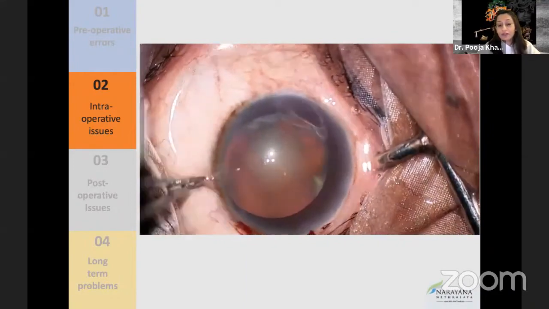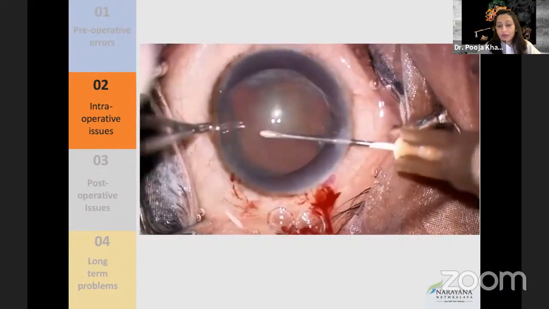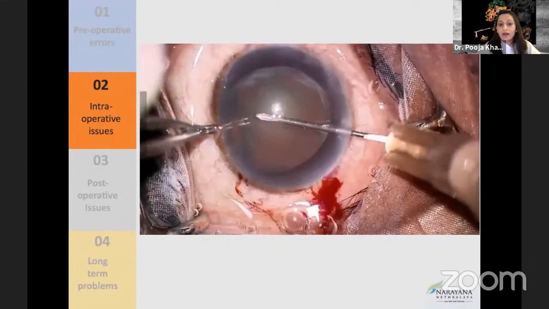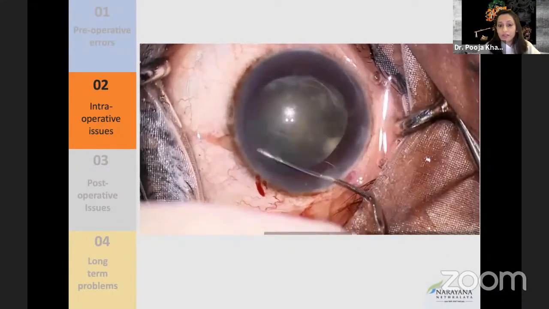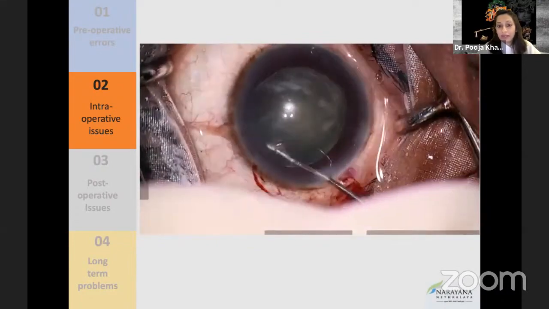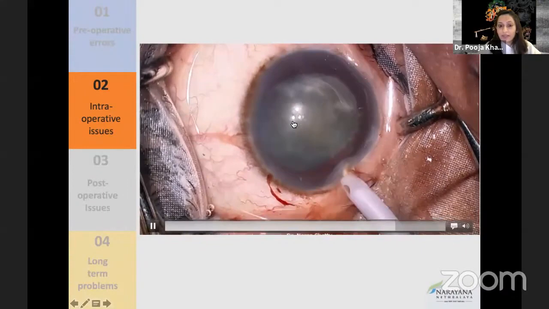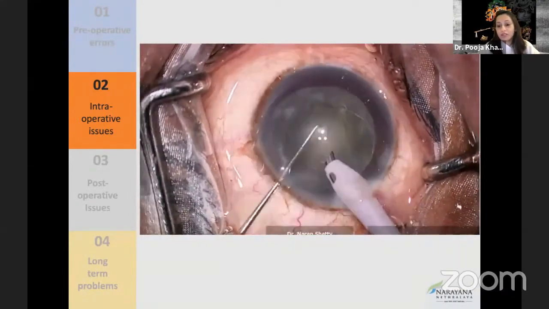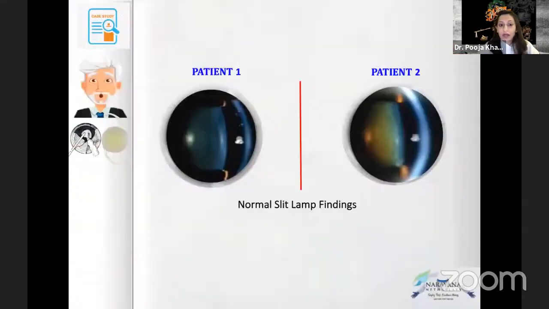But if the MGD has been missed preoperatively, or not picked up correctly, then whichever good microscope you have, this undiagnosed MGD can cause a lot of debris on the ocular surface, as you can see here, which can impact the visibility during surgery, and it might not have a very good outcome. So it is very important to deal with preoperative dry eye to avoid intraoperative issues also.